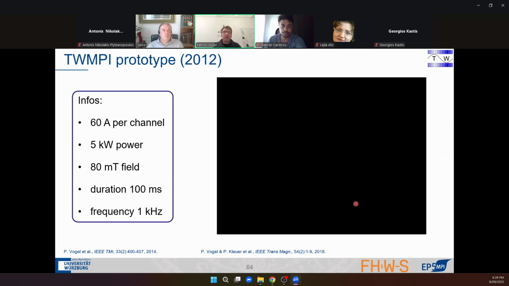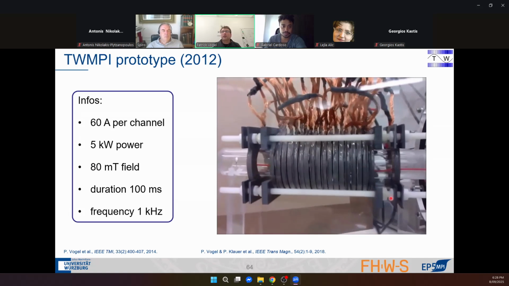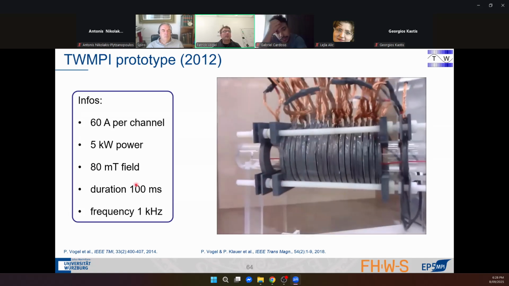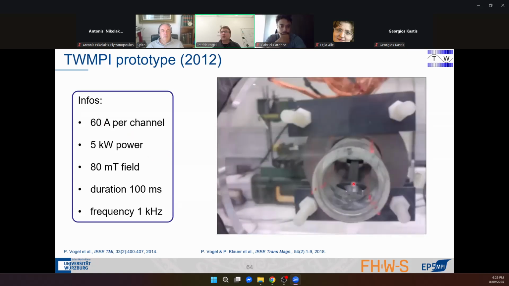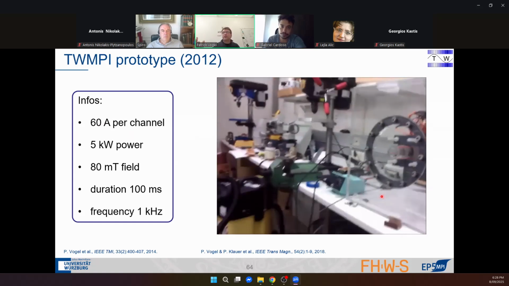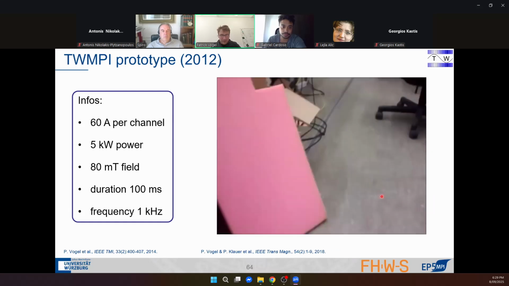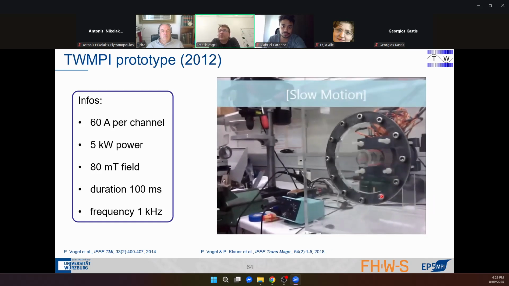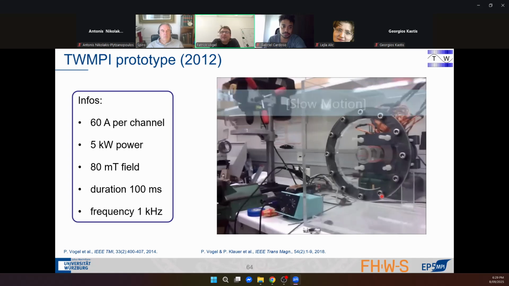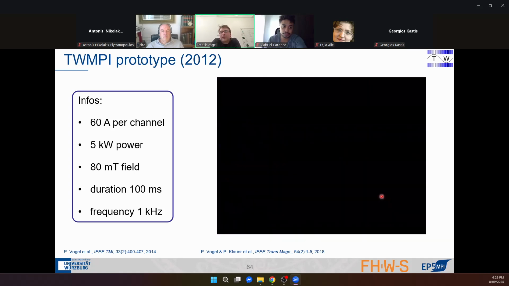Just to see how strong such a system is, you can see here the movie of one of the first runs. We ran that with 60 amps per channel, 5 kilowatts of power. We put in here a small wrench, and we have a traveling field. So when we now create one of the shots, you can just build up a railgun-like system.